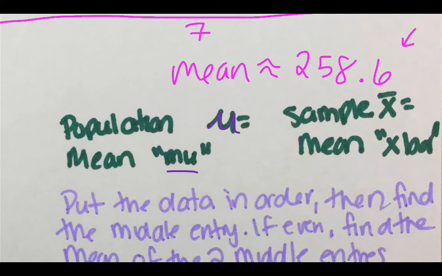So mu is equal to the sum, that's a summation symbol, of your x values over N, and that's a capital N, and that capital N stands for the number of items in your population. But if we're only dealing with a sample, we're going to use what we call x bar, because it's literally an x with a bar on top. And that's still the sum of our x values, but then we're going to divide that by a lowercase n, where n is the number in your sample.